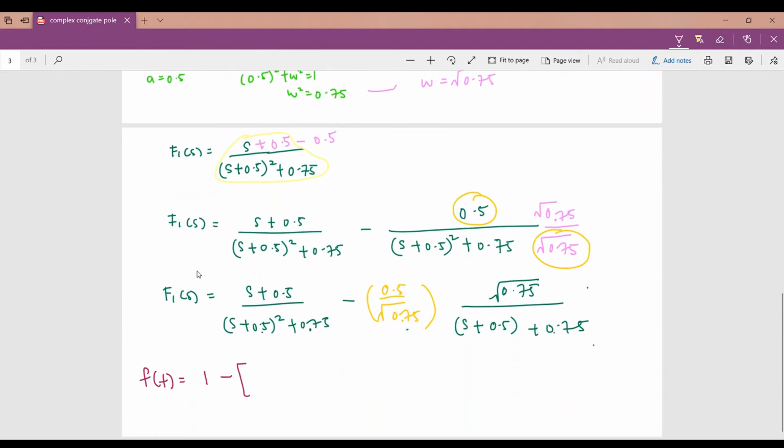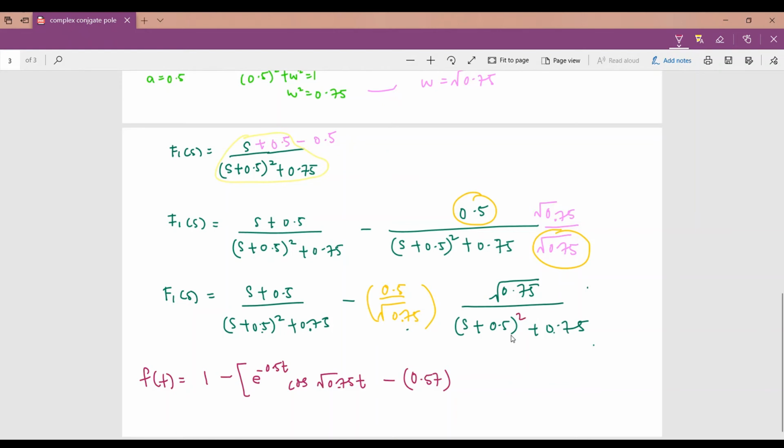F1 is this one, so this one is cos, so it is exponent negative 0.5 t cos, omega is square root of 0.75 t, minus, the yellow one here you just use your calculator to calculate it to be a number, so it will become 0.57. Just pause the video and calculate yourself.